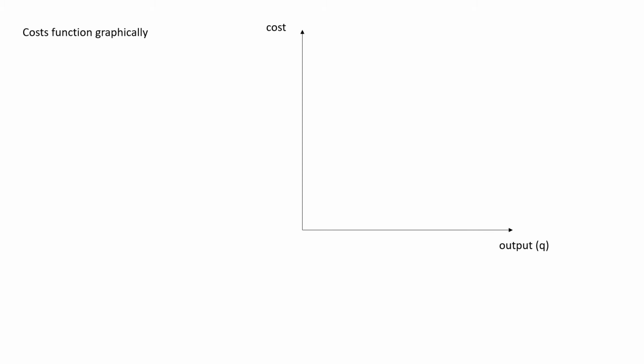Now we visualize the different cost functions. So we use now, again, a Cartesian two-dimensional coordinate system, with output being on the horizontal axis and cost represented at the vertical axis. We already learned that marginal cost will be increasing in Q for most cases.